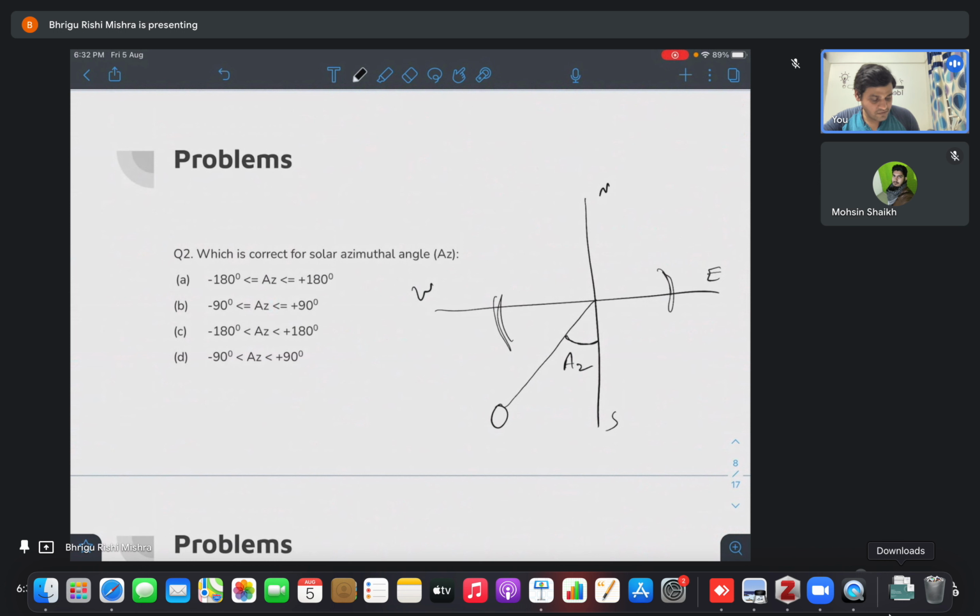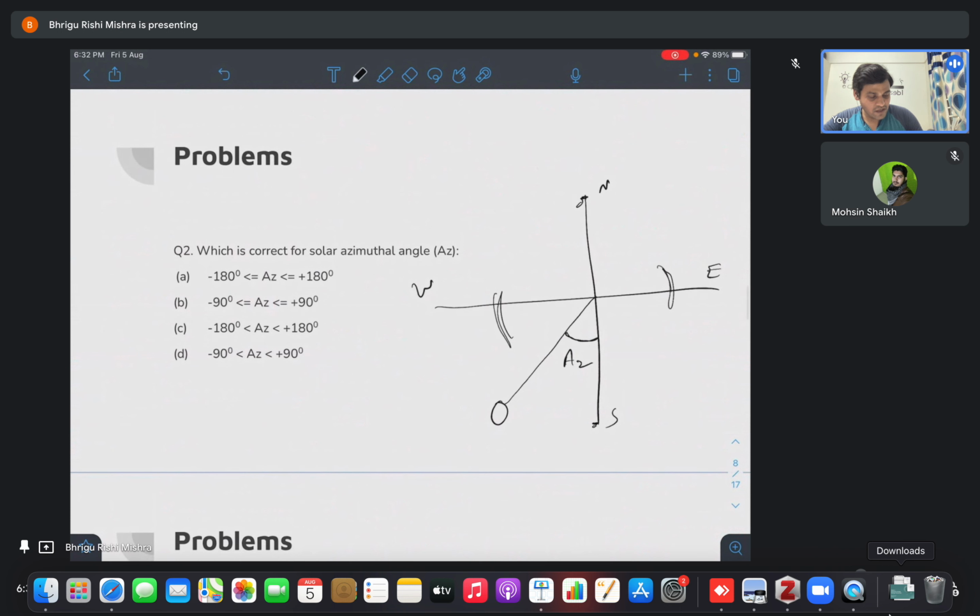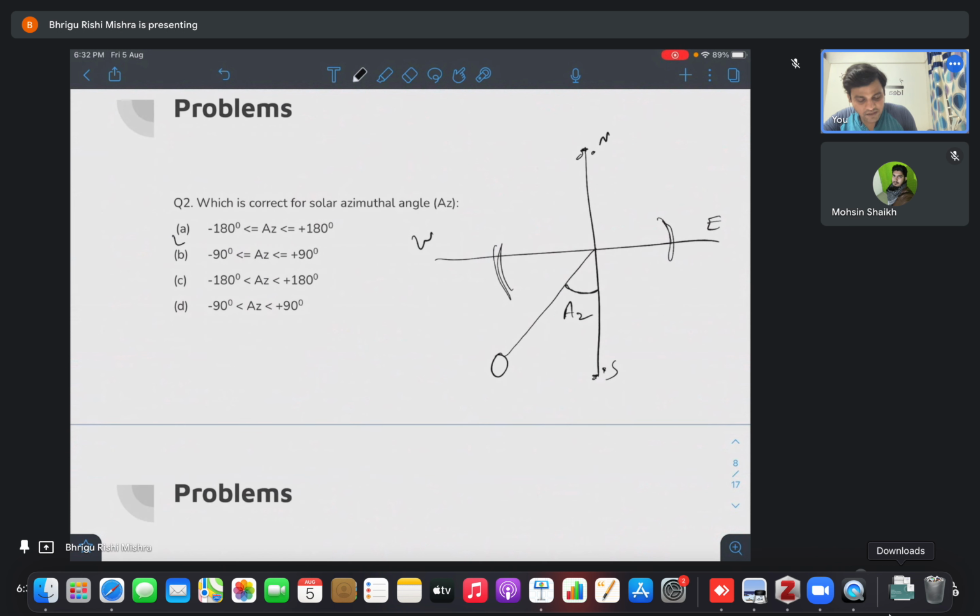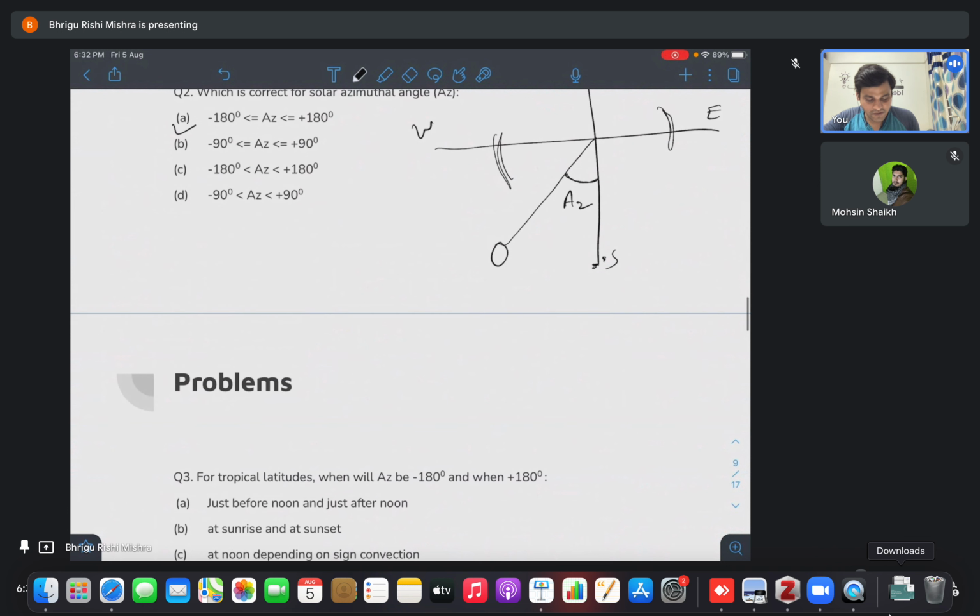It varies from 0 to 180 on one side, and on the east side from minus 180 back to 0. So the correct answer is minus 180 less than or equal to AZ less than or equal to plus 180.